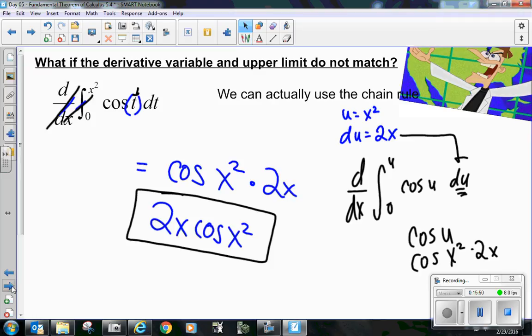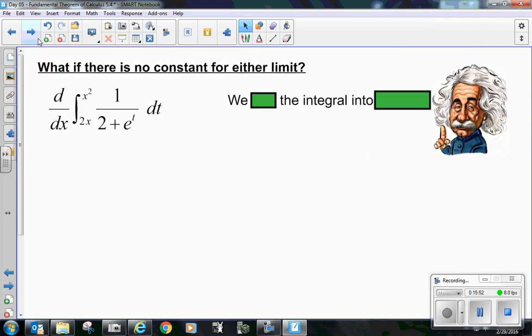All right, and what if there is no constant for either limit? We split the integral into two parts.